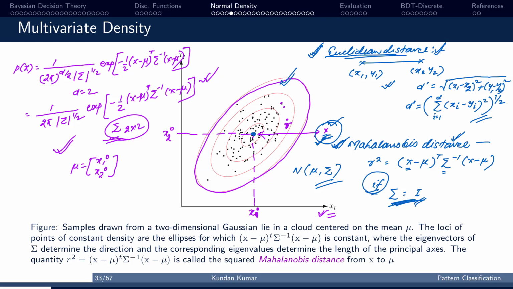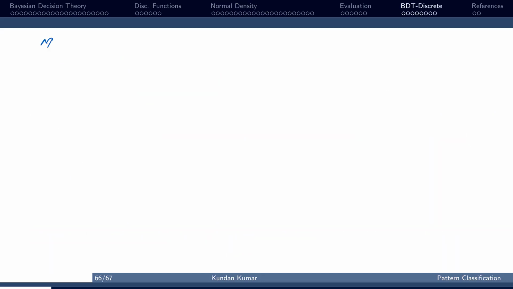So now let us prove that the Mahalanobis distance will be equivalent to the Euclidean distance when the covariance is the identity matrix. Here we are taking the squared distance.